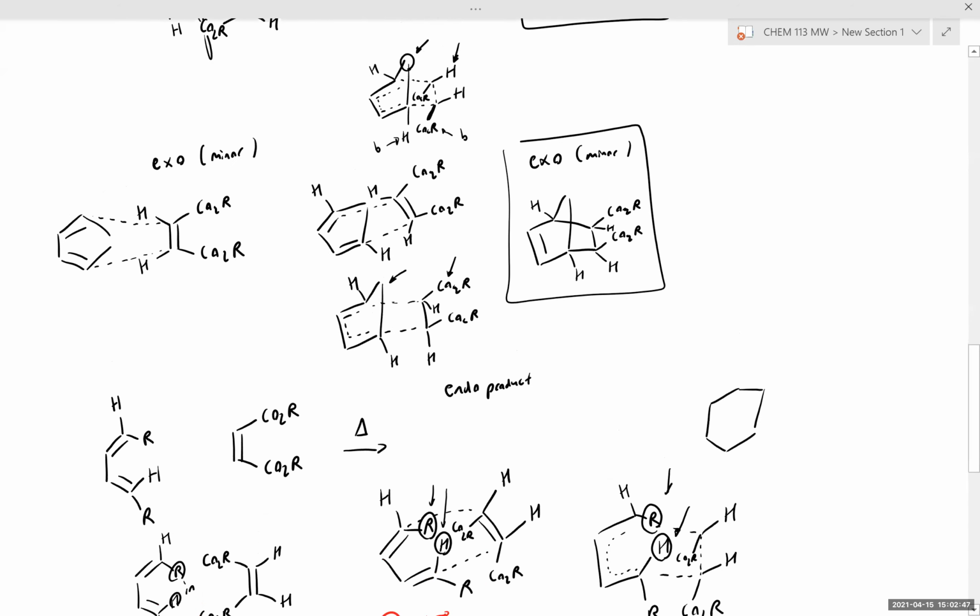So let's look and let's refresh this cyclopentadiene example, right? So in this case, both of these quote unquote inner groups, during the endo approach, both of these inner groups end up pointing up.